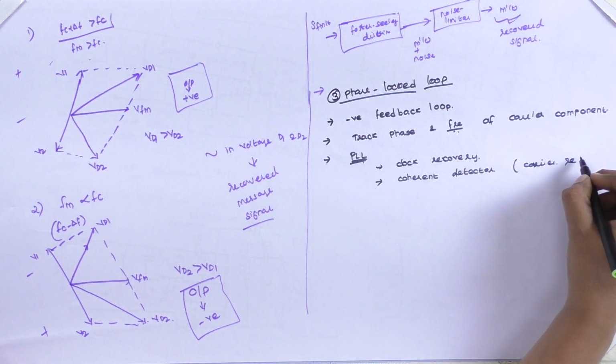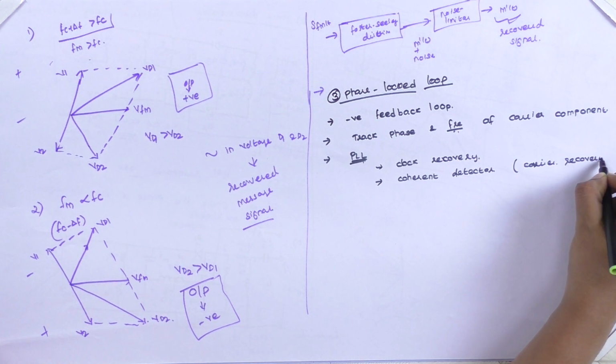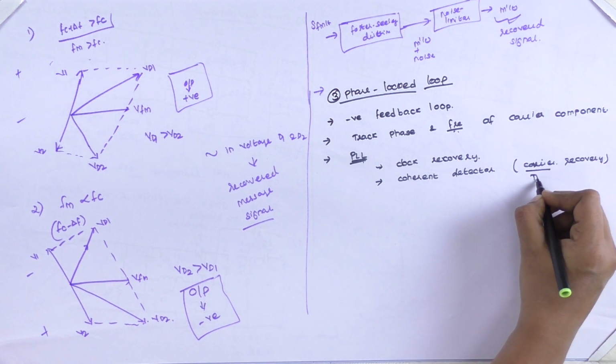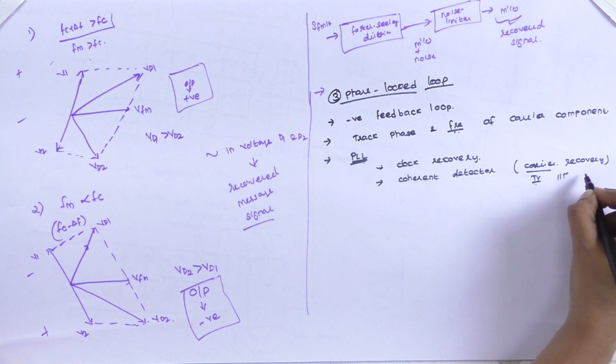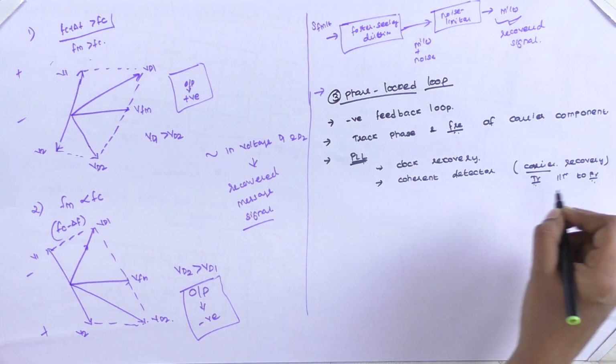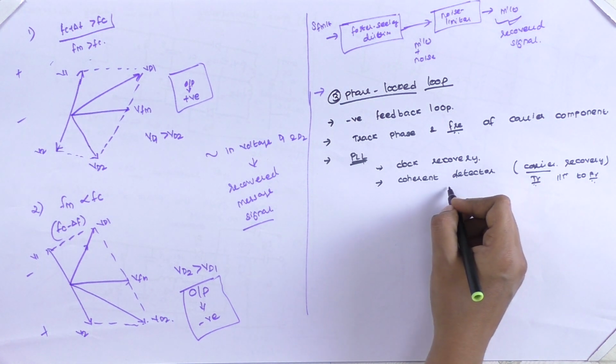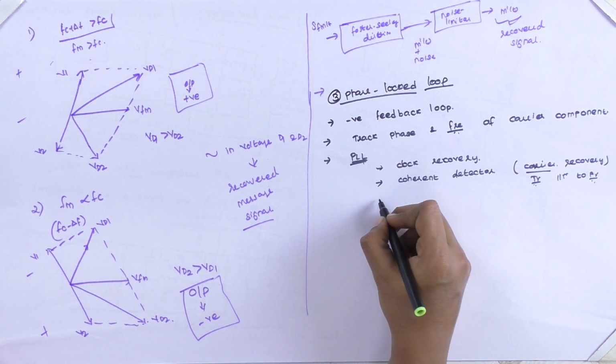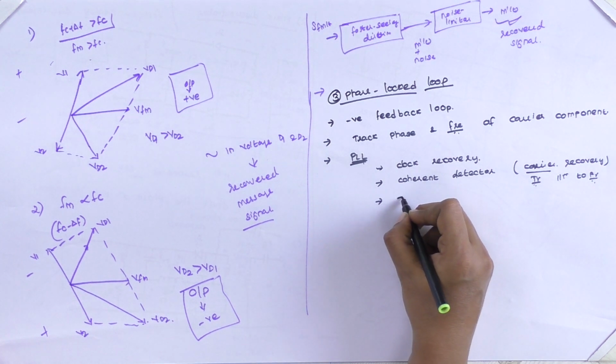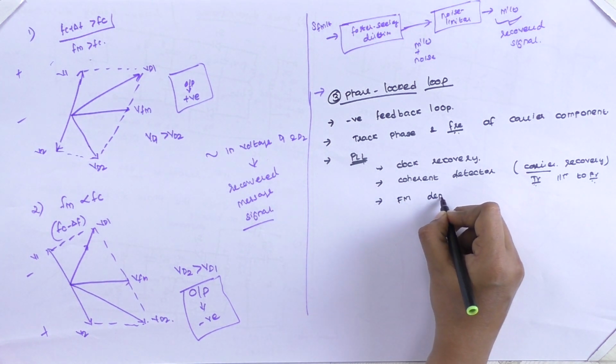What is coherent detection? We have to recover the carrier signal which is used in the transmitter, similarly in the receiver as well. The carrier drift we have to avoid; carrier drift needs to be zero in coherent detection in order to avoid distortion. The third application is FM demodulation.